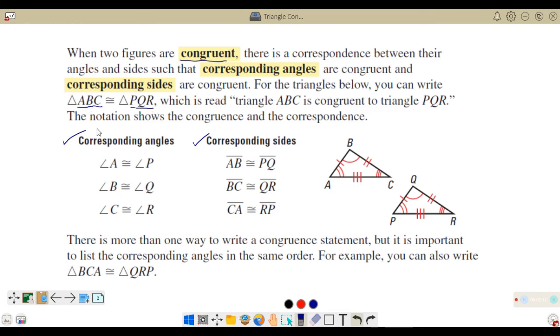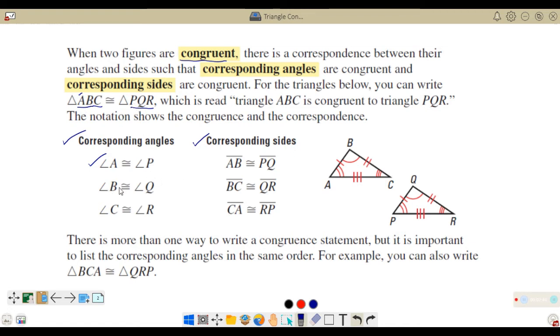For the corresponding angles, we have A, the first angle, congruent to P. So, when naming the two congruent triangles, kung nagsisimula yung unang triangle sa angle A, then the second triangle should start with the angle that is congruent to A, which is P. So, kaya ang simula rin niya ay P.